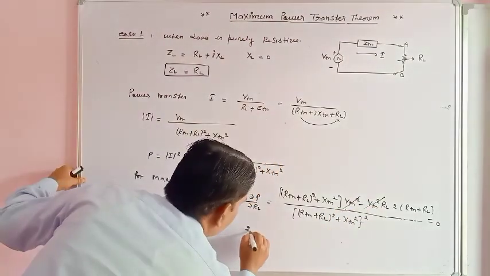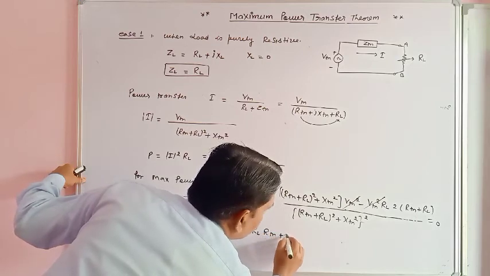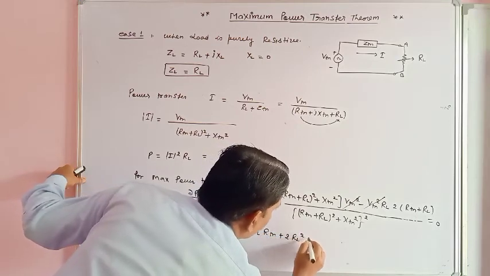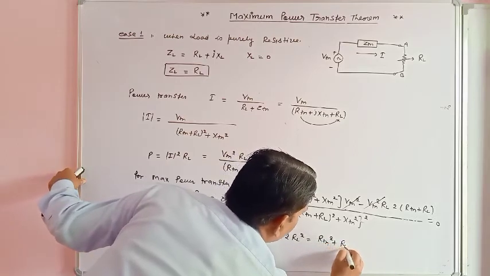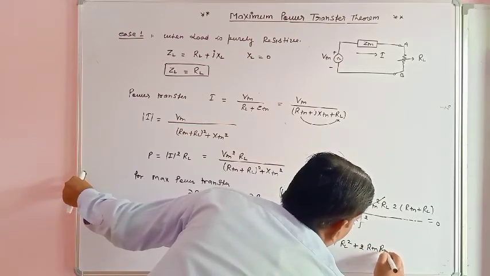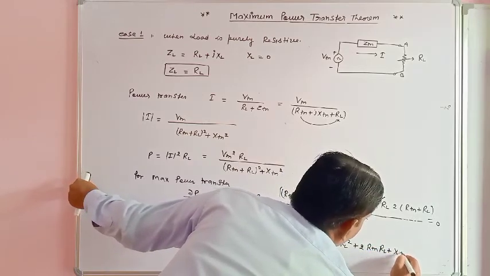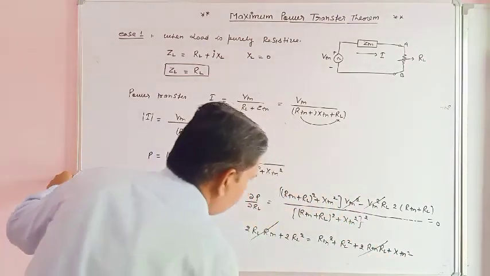It will be 2 RL RTH plus 2 RL square is equal to RTH square plus RL square plus 2 RTH RL plus XTH square. From here this term will be cancelled out.